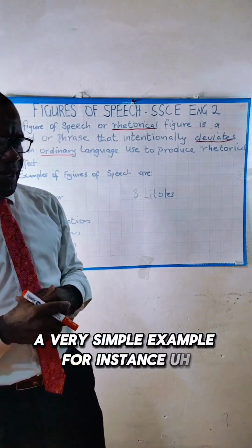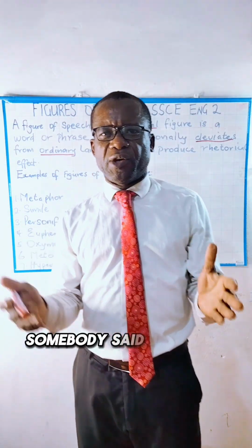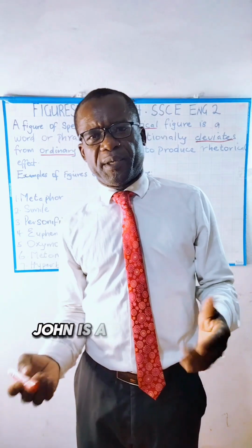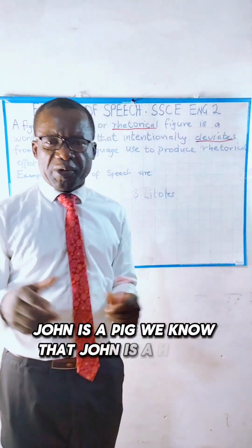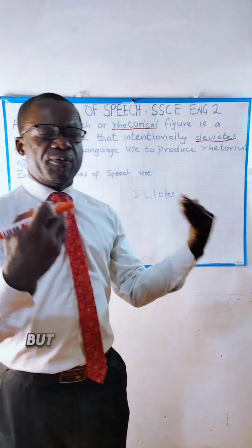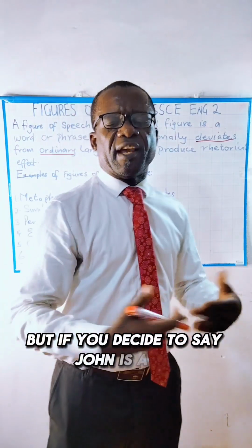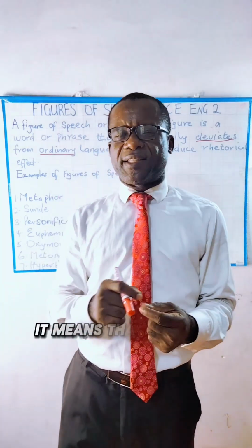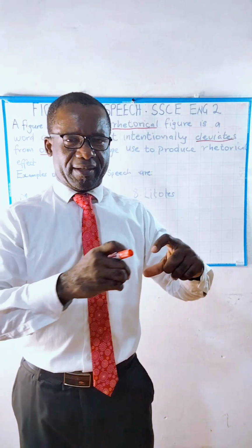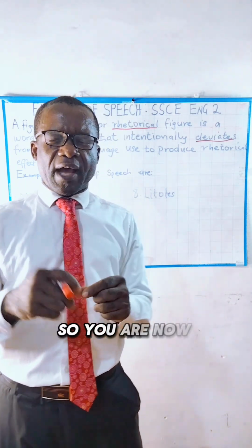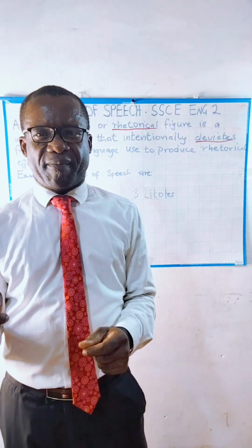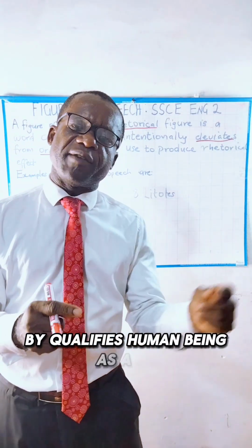Now, let me give you a very simple example. For instance, somebody said, John is a pig. Okay? John is a pig. We know that John is a human being and ordinarily should not be a pig. But if you decide to say, John is a pig, it means that you are not using the word pig in the ordinary sense. So you are now attaching a special meaning to the word pig by qualifying a human being as a pig.